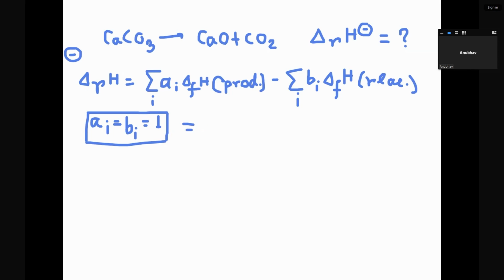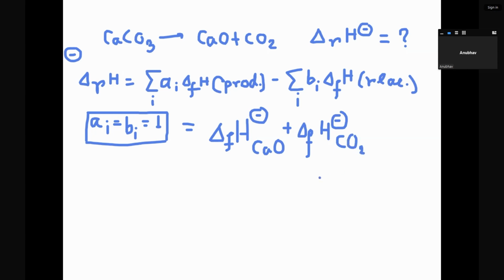If we put ai and bi in this equation, we will have the delta fH minus of calcium oxide plus delta fH minus of CO2, and we will subtract delta fH minus of calcium carbonate, which is the reactant.